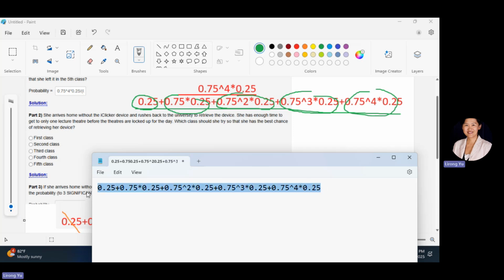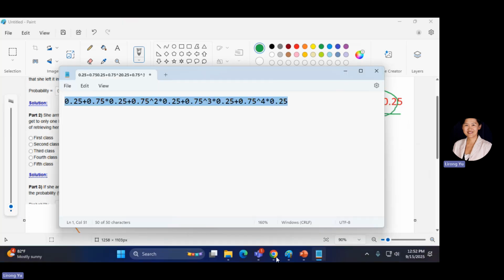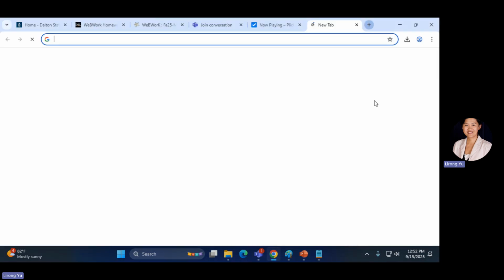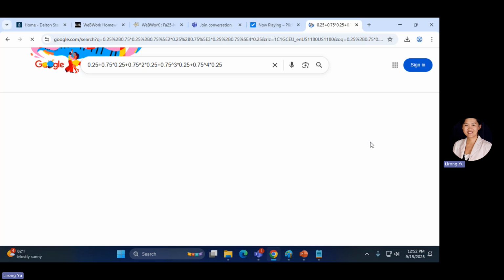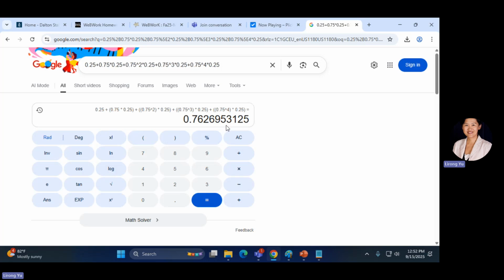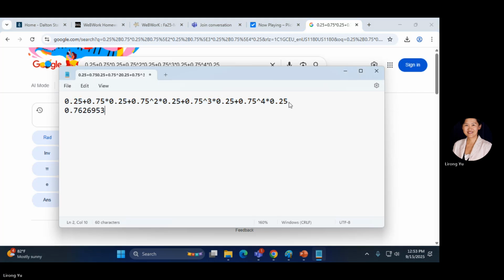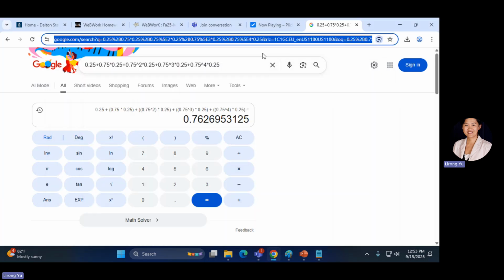So I think this may not be 0.116. That's not going to be 0.116, but it'll be the denominator. This is the denominator and the numerator would be this one.